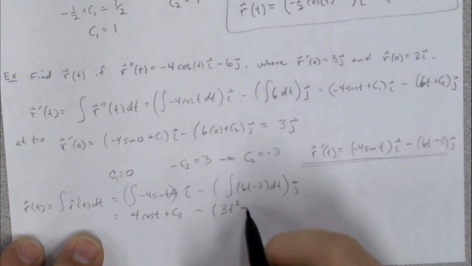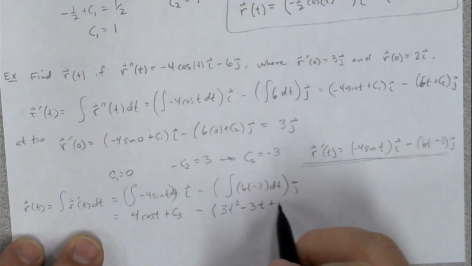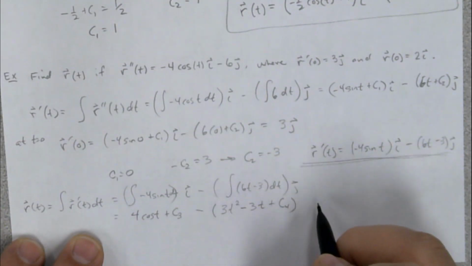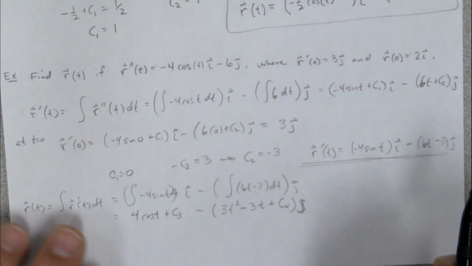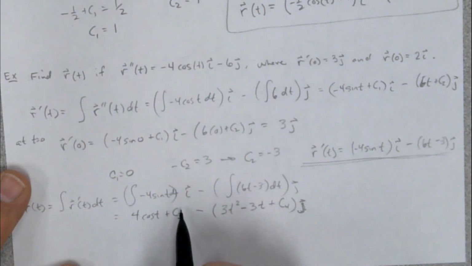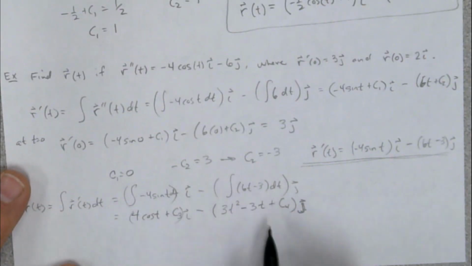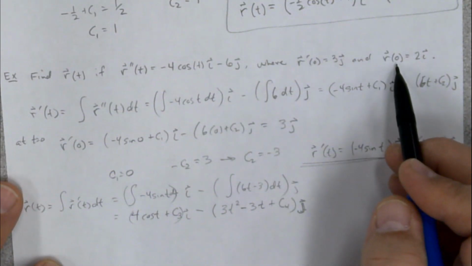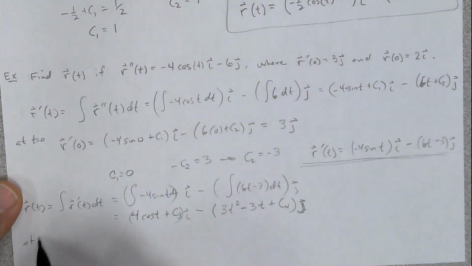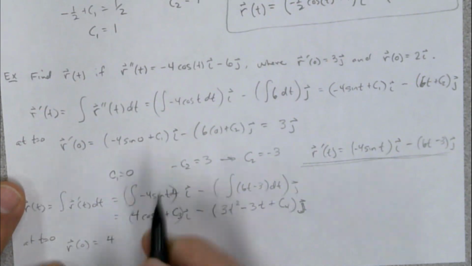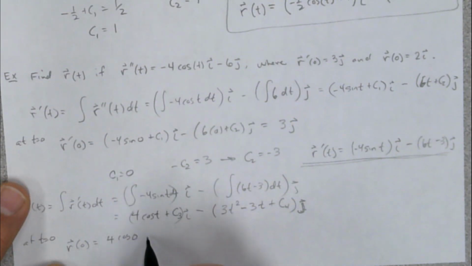And again, I'm going fairly quickly to make the video a little bit shorter. You should double check all my work just to make sure I didn't make any mistakes. And so we have to find these values, these c3 and c4, again using this one right there. So at t equals 0, r of 0 is going to be 4 times the cosine of 0 plus c3.